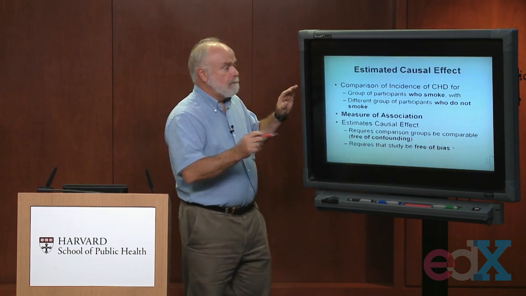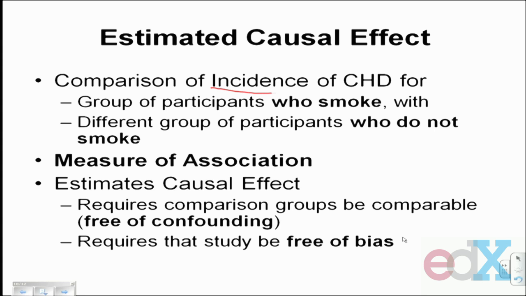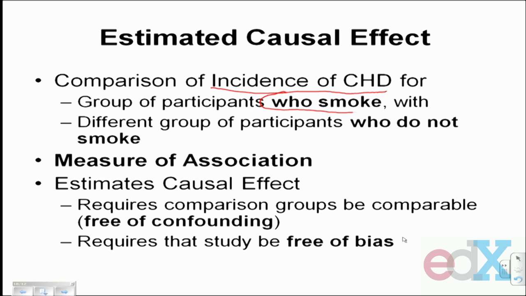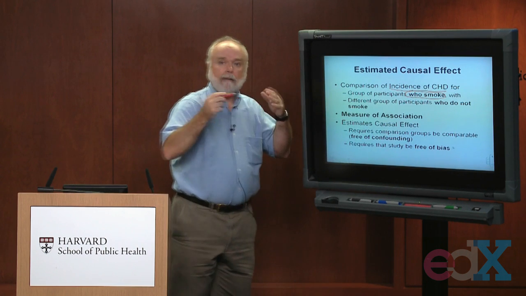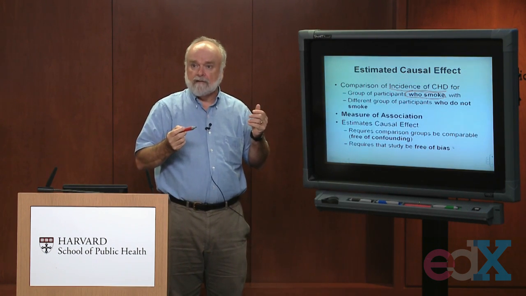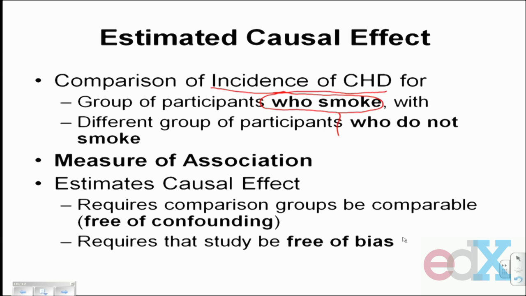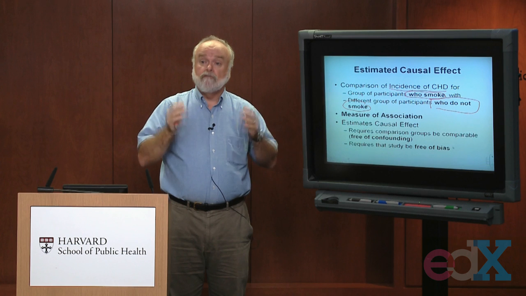What we're going to do is compare the incidence of coronary heart disease in two different groups of people. One group of people are going to be people who smoke. We're going to follow them forwards in time and see how many of them develop heart disease. And then we're going to take a different group of people, the non-smokers, those who didn't smoke, and we're going to follow them and see how much heart disease develops among those over 24 years of follow-up.